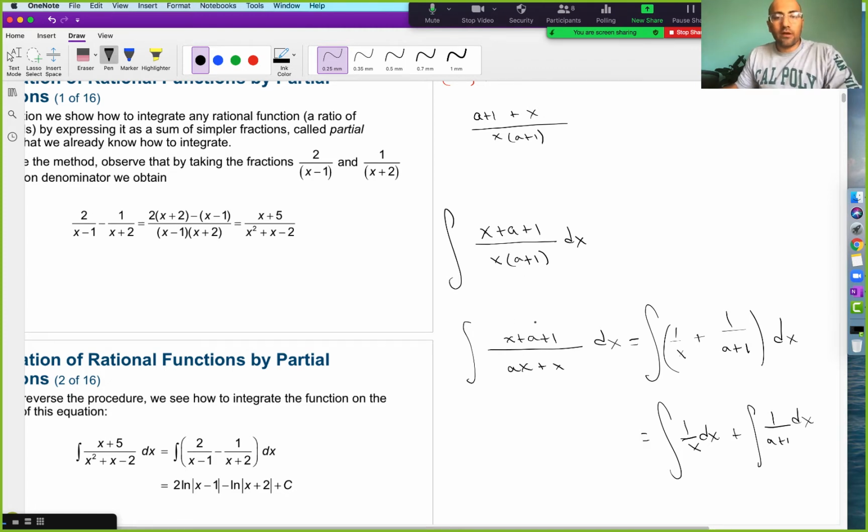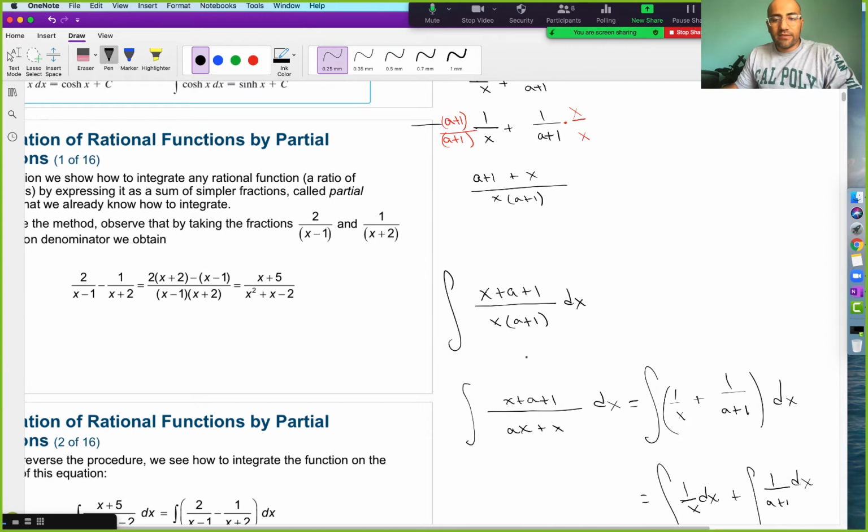So that's the goal of this section. We're going to be faced with integrating a really ugly fraction where the numerator is a polynomial and the denominator is a polynomial, right? Those are called rational functions. So we're going to have the integral of a rational function, and in some cases it might be easy to use one of our prior techniques like a u substitution or something.